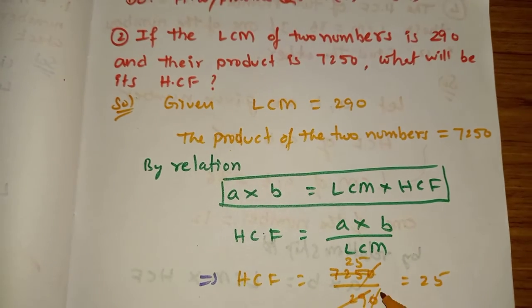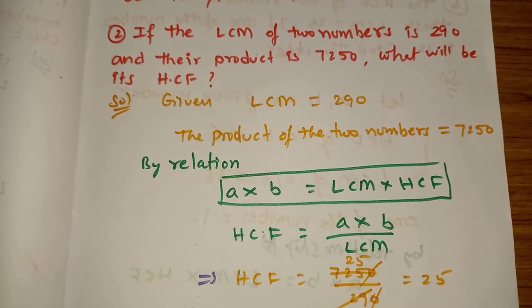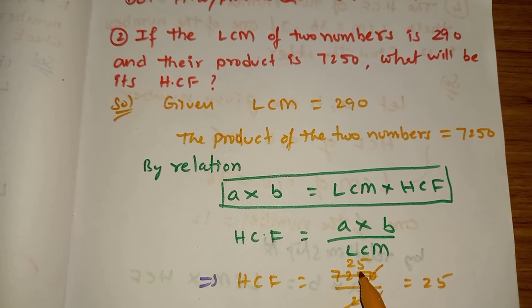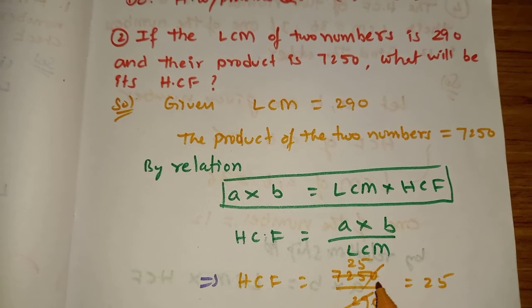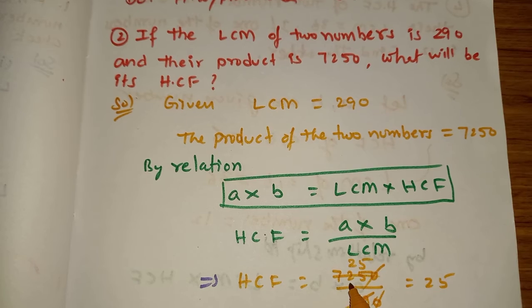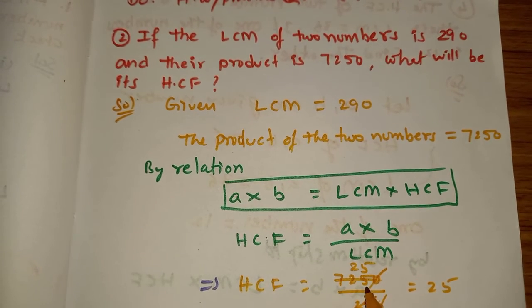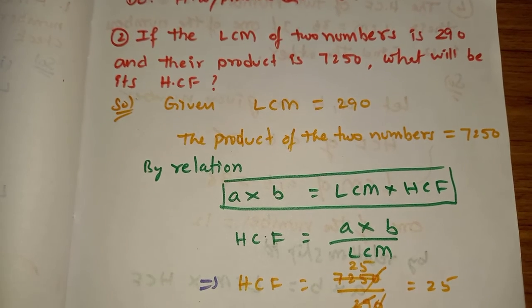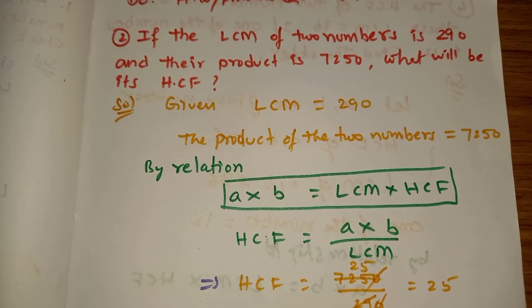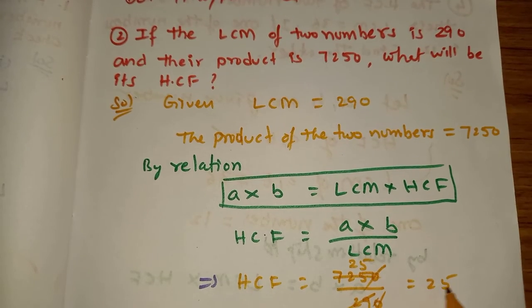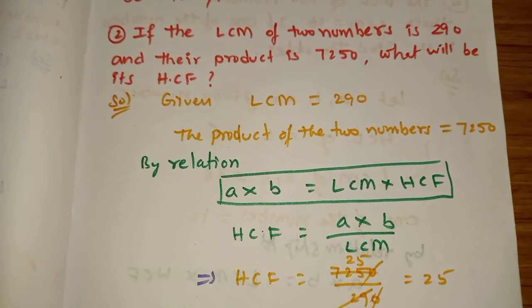Now I will cancel 0 and 0, and the remaining is 725 by 29. 29 twos are 58, what is the remainder? 14, then the total number is 145. Now 29 fives are 145. So it gives 25. So HCF is equal to 25.